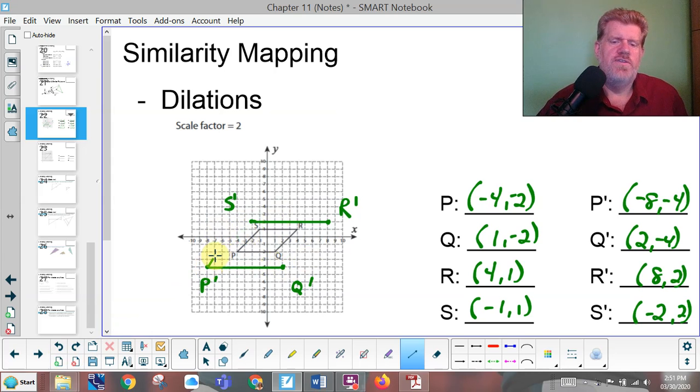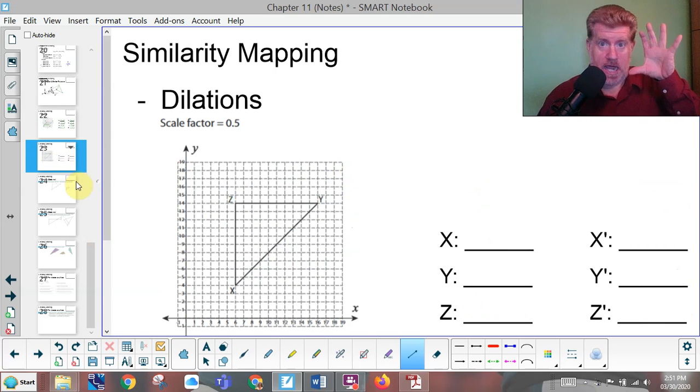See how PS and the new P, new S, P prime S prime are parallel to PS. Q prime R prime is parallel to QR. And this figure is twice as big. And we can make it 3 times as big and 4 times as big, whatever fits. We can always make it half as big and put it inside. So that's a similarity mapping with a dilation. We call it dilation the same because like your previous dilate and stuff like that.